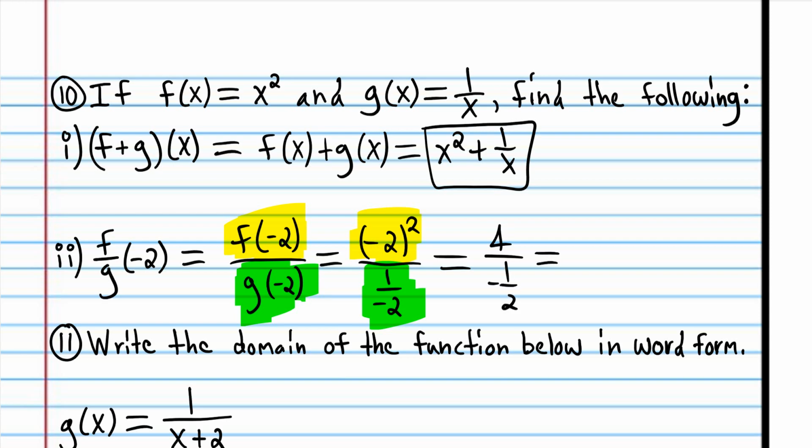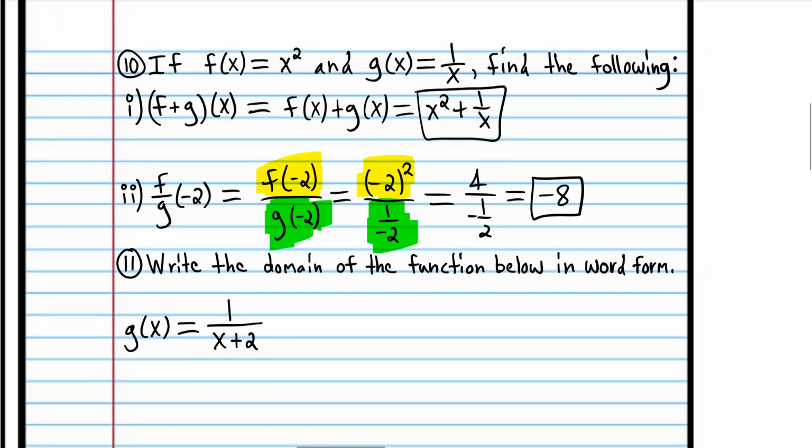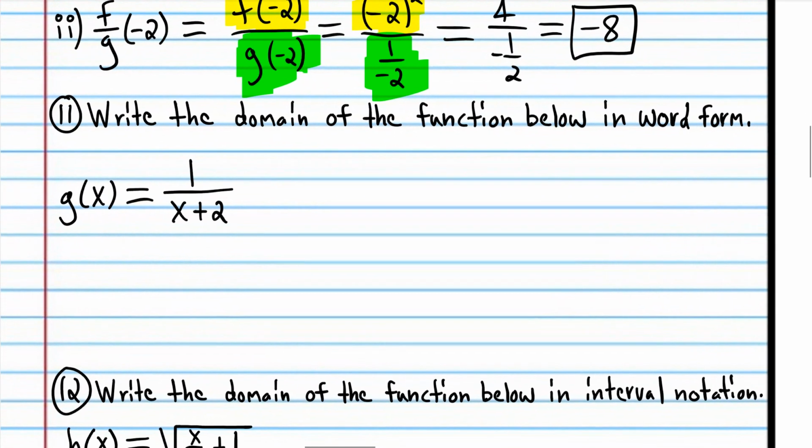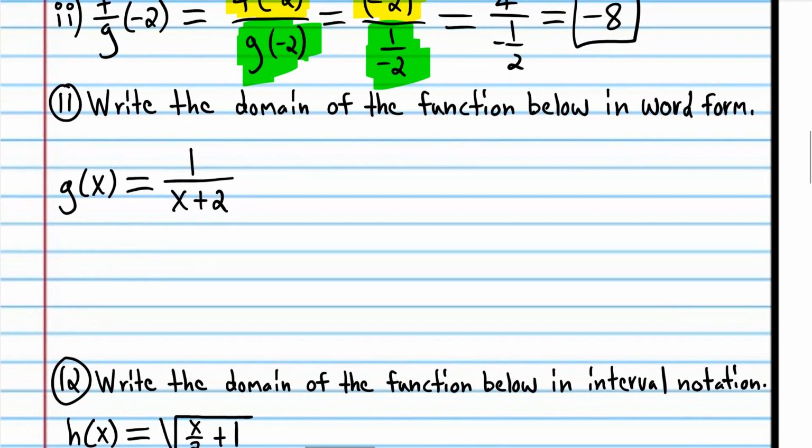And if you do the math, we end up with -8. When you're dividing by a fraction, you flip the fraction so it becomes -2, and you multiply, so 4 times -2 is -8. If you got that right, good job. Okay, go ahead and try number 11. When you come back, we'll do it together.